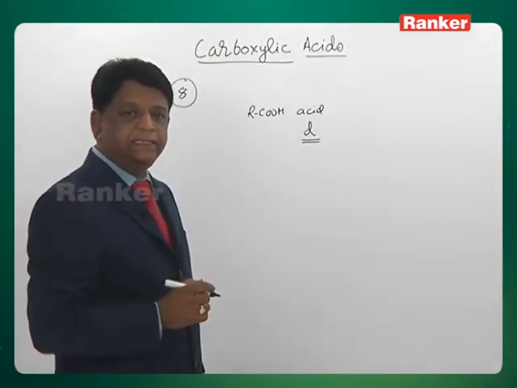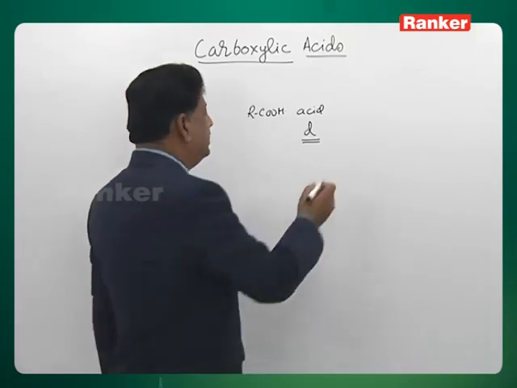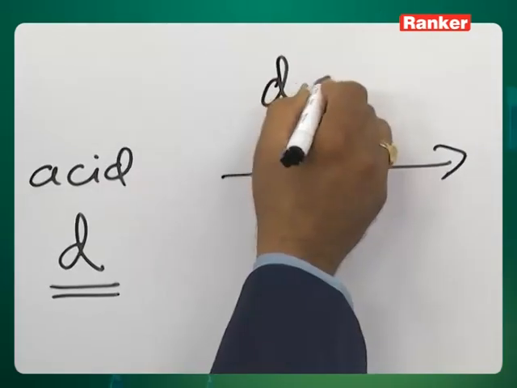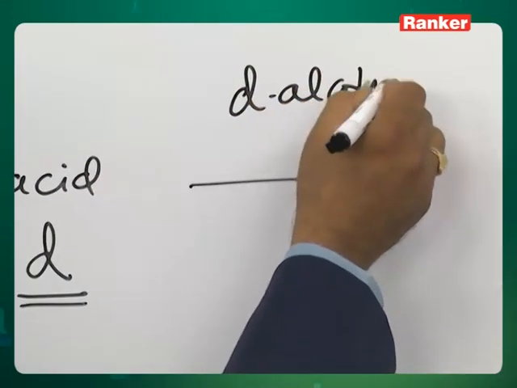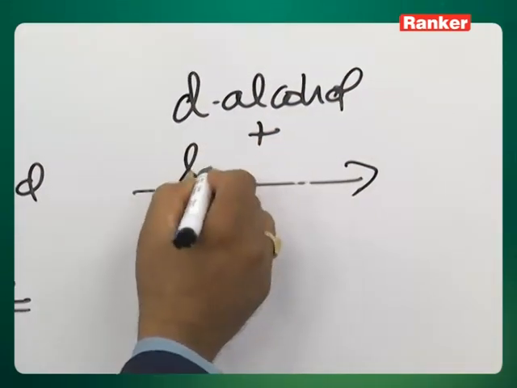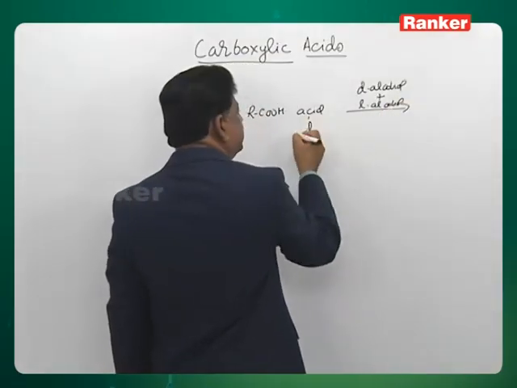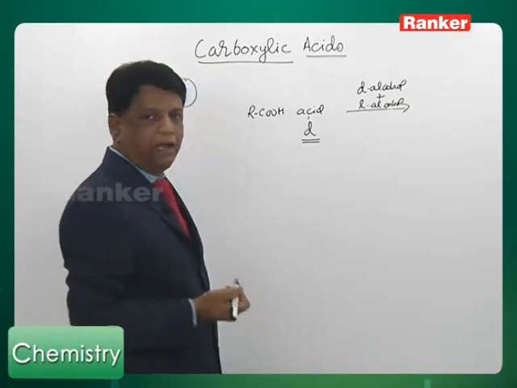This D acid is treated with the racemic mixture of alcohol. That means we have added two alcohols, D alcohol and also L alcohol. So a D acid is treated with the D alcohol and L alcohol.